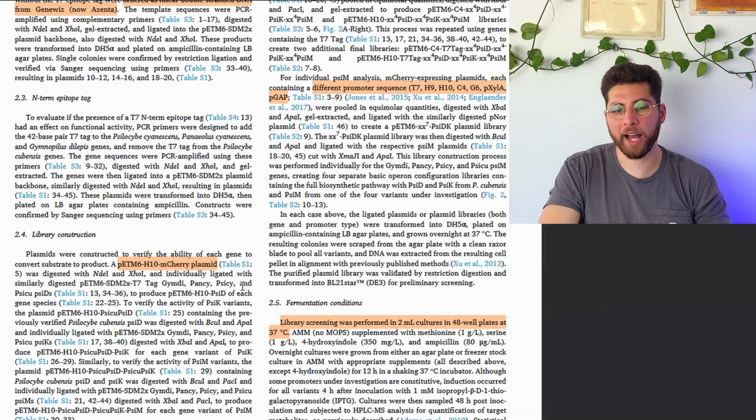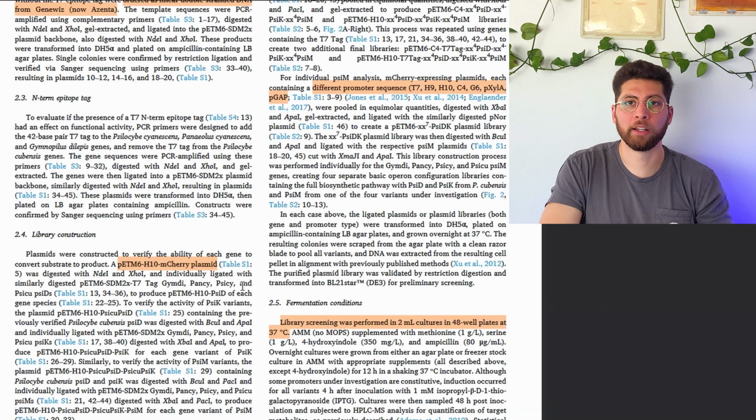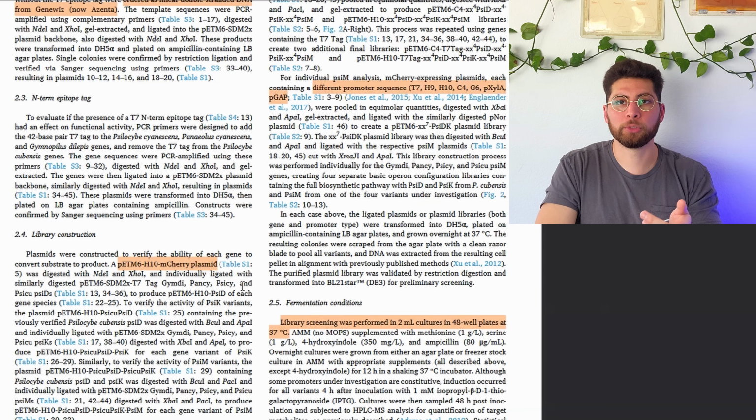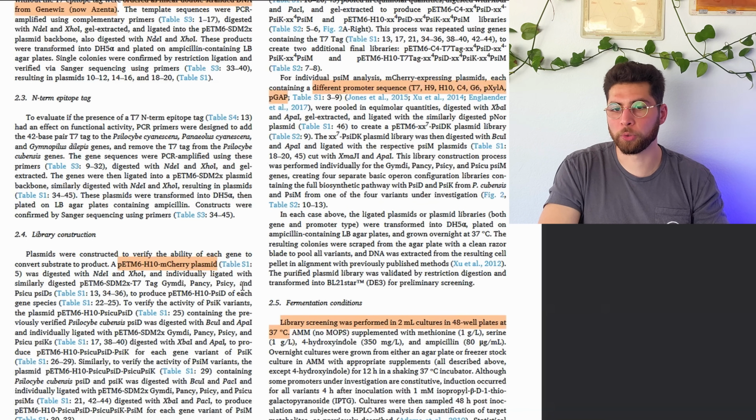Lowercase p means plasmid, H10 is a promoter, and then mCherry is a protein that's red. So when this is expressed, the E. coli will be red. So all they did in this paper is they took this existing plasmid that anybody can order and replaced mCherry with the Psilocybe cubensis or other fungi genes. Super cool stuff.